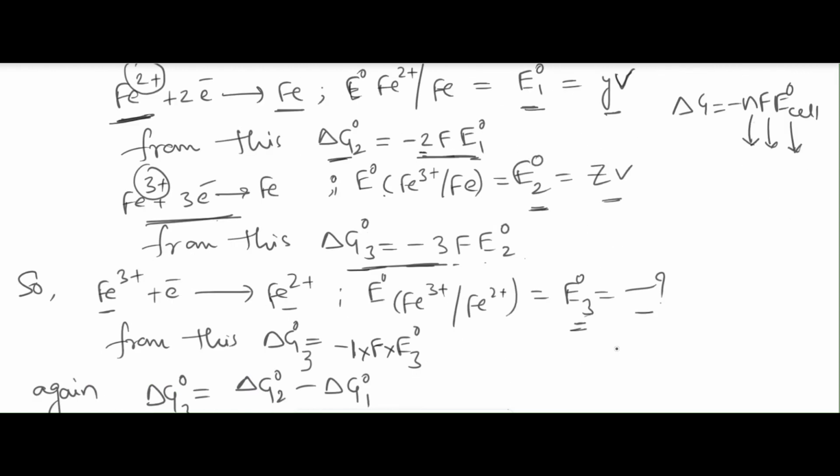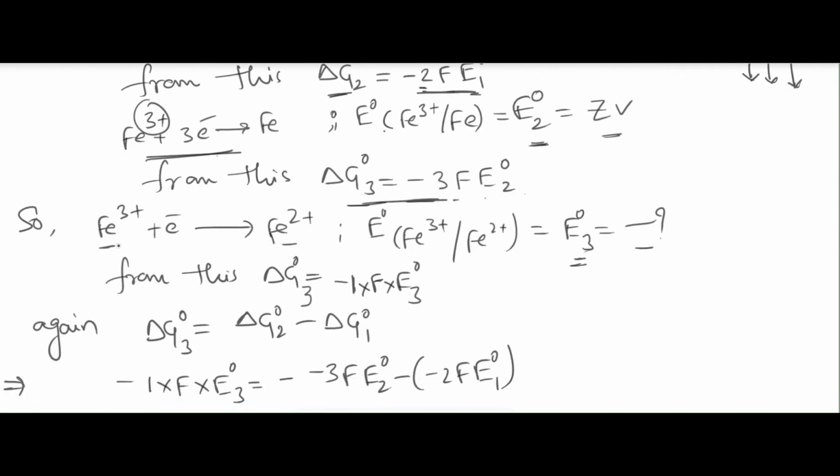For the complete cell reaction Fe3+ to Fe2+, the change in oxidation number is 1 electron, so n equals 1, and delta G3 is minus 1 times F times E3 naught.